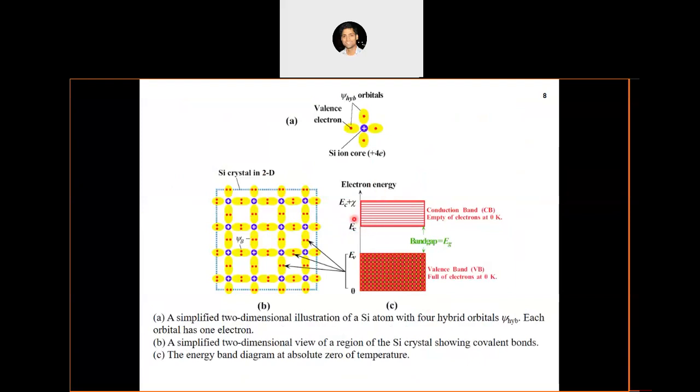The energy difference from the bottom of the conduction band up to the vacuum level is known as electron affinity. So it does not depend on the length, it depends on the height of the conduction band.